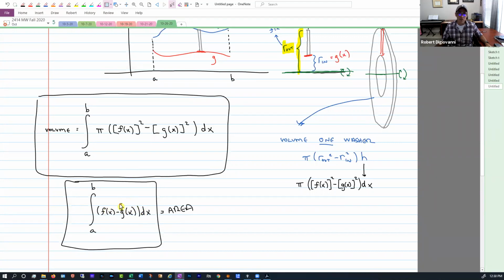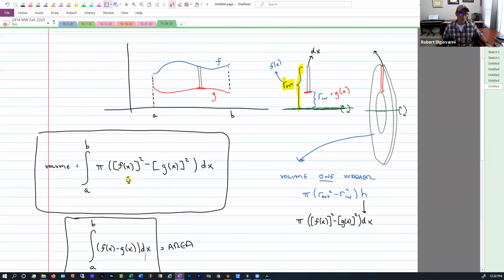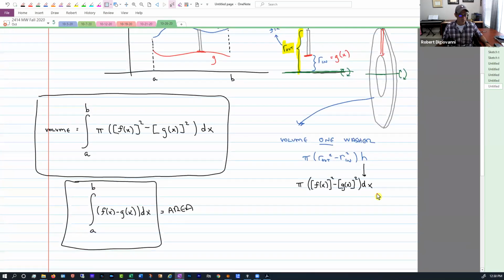That would give you the area of each of the little rectangles. You add them all up. This is the formula for the volume of the solid that you would get if you took that region and wrapped it around the x-axis. And this would work for any two functions as long as the f was on top and the g was on bottom. This would work for any two functions. So this is brilliant and amazing that this is the way we do it. But this is it right here.